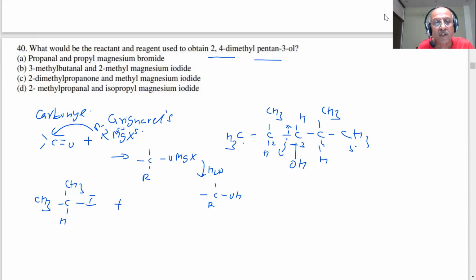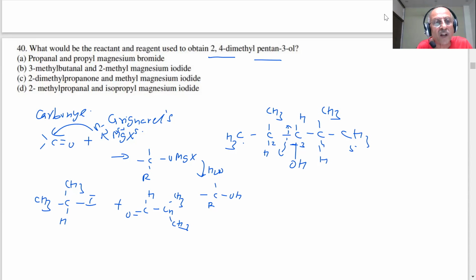That will be C double bond O here, with CH3, C, CH3 and then hydrogen. Now this is the compound. This is an aldehyde, and this is my alkyl iodide, student.